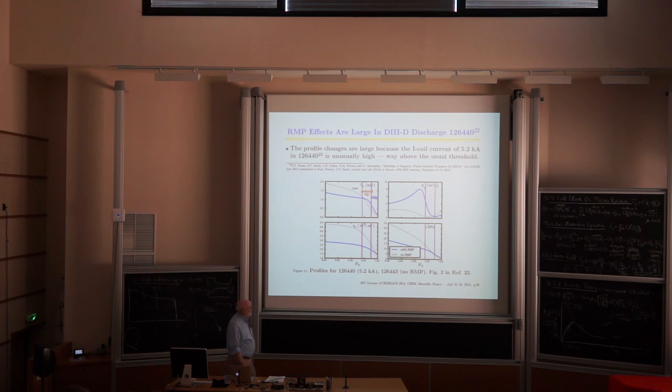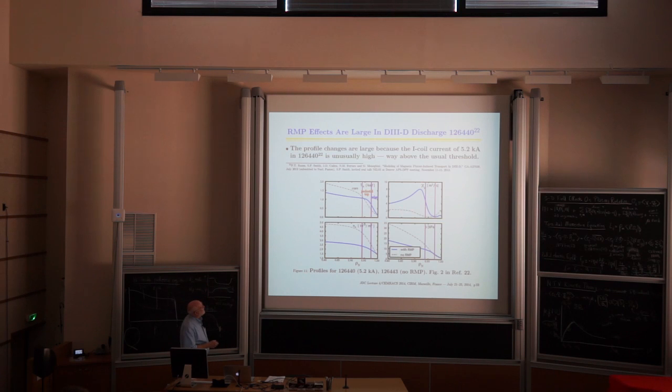So there's presently a big effort to say, can we understand why and how these RMPs, resonant magnetic perturbations, cause the pressure gradient to go down a little bit by the coils, not by instabilities. And so there's an impetus to try to understand that.